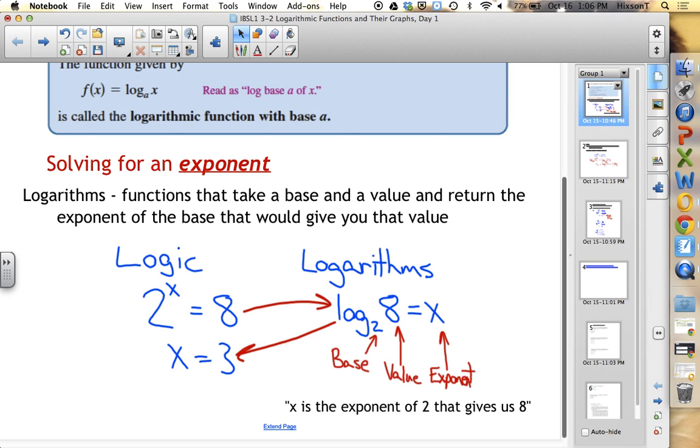And then what the log base 2 of 8 equals is the exponent of 2 that will give us 8. So x is the exponent of 2 that gives us 8. That is essentially what that equation says.